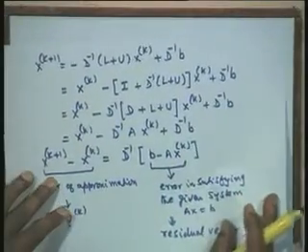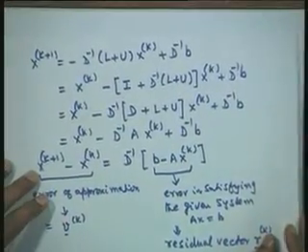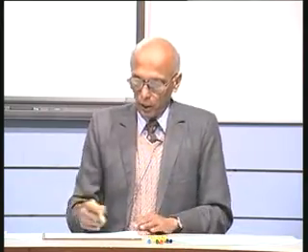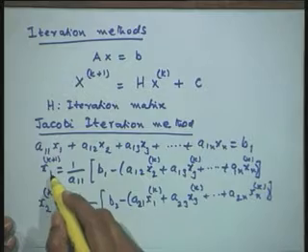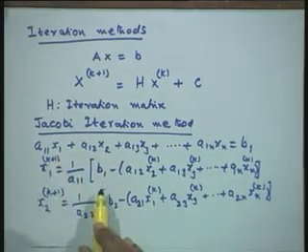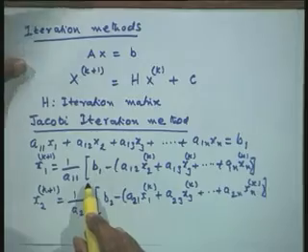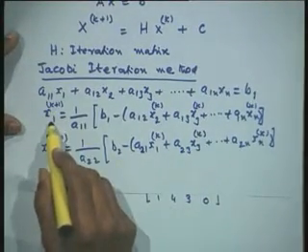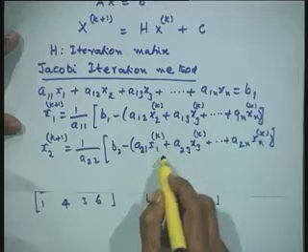This was one of the first methods that were discovered for the solution. There is an obvious disadvantage in this particular method as we have done it, and the disadvantage is, we are solving equation by equation. If I solve the first equation, I have now found x 1 k plus 1, but when I went to the next equation x 2 k plus 1, even though the solution x 1 k plus 1 is available to me, I am not using it here, I am using only x 1 k.